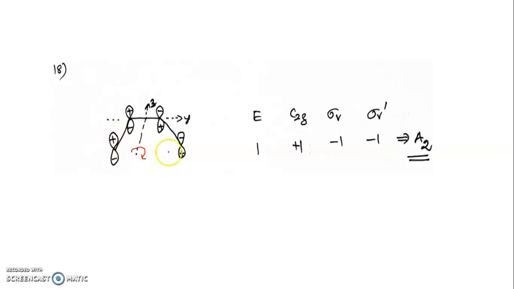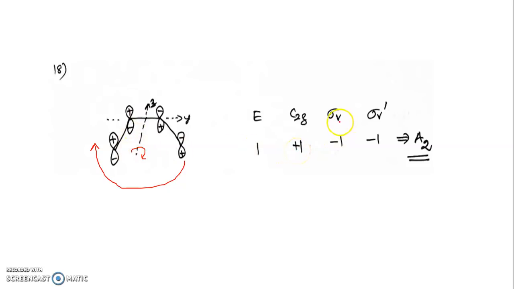When you do a 180 degree rotation, this orbital will come here, and this lobe will go up. Again, see, this positive lobe is coming up. That means after rotation and before rotation, the sign remains the same. So the character for this operation is again +1.